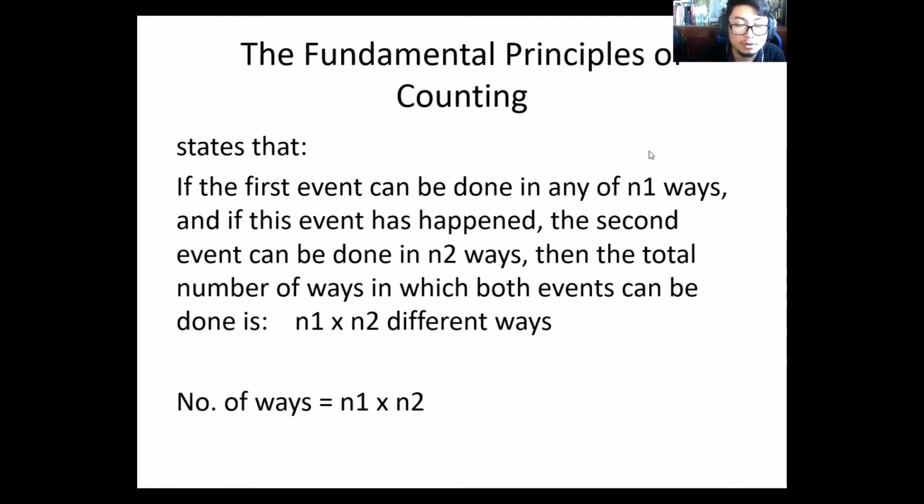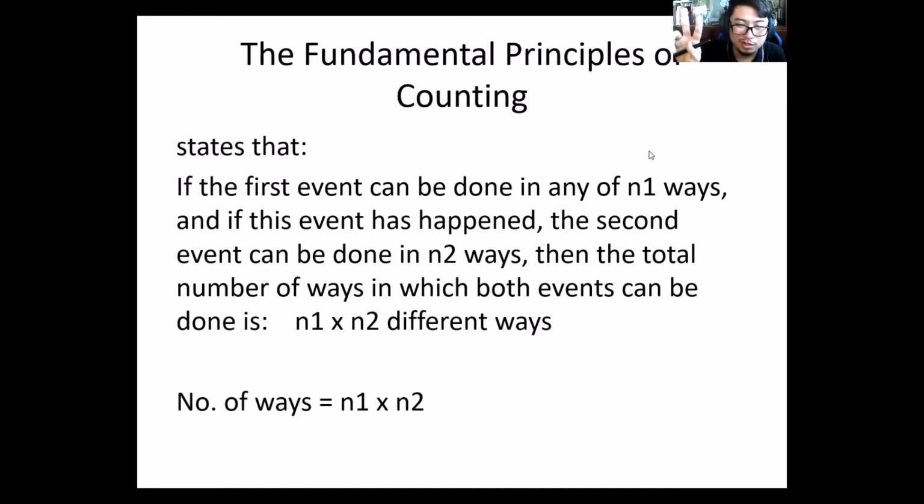Okay, let me read to you. The fundamental principle of counting states that if the first event can be done in any of n1 ways, and if this event has happened, the second event can be done in n2 ways, so we have two events, the first event and the second event.